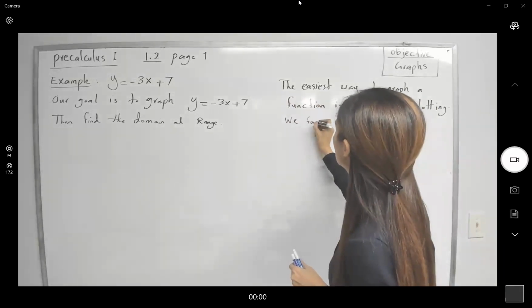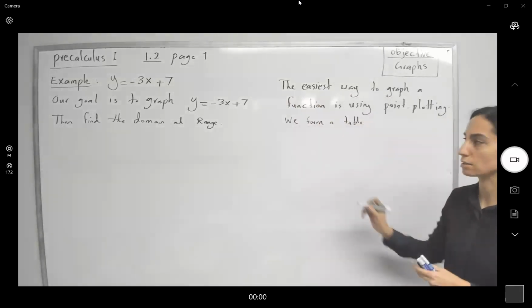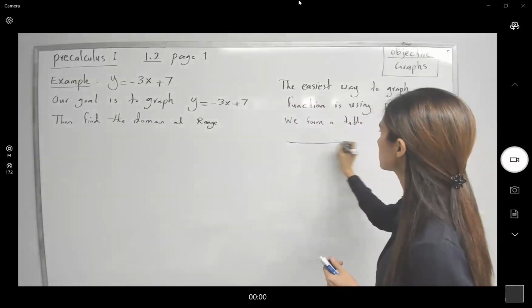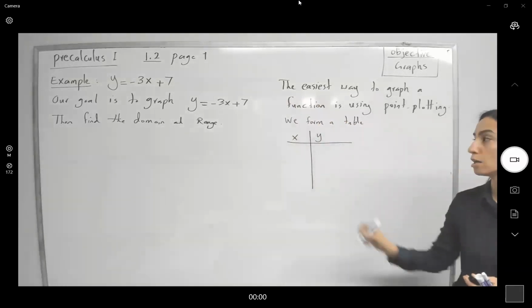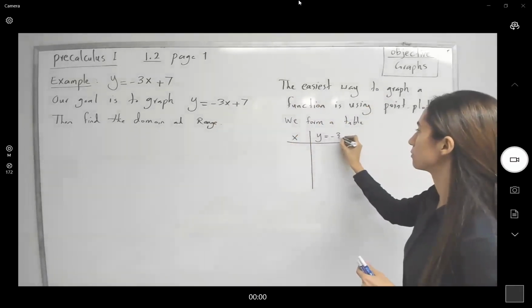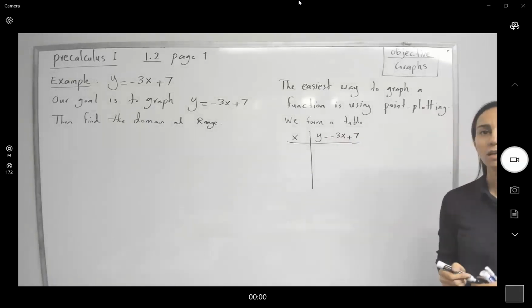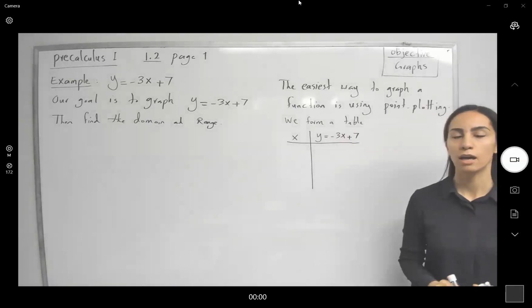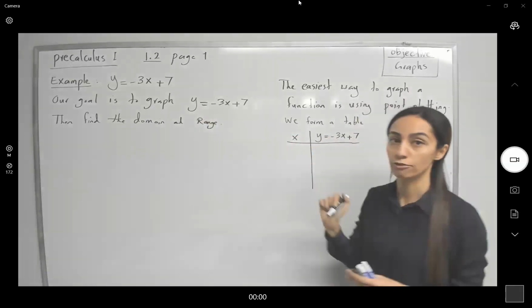We form a table like this. Here you have your x on the left, and here you have your y on the right. What is y? Y has a definition: negative 3x plus 7.